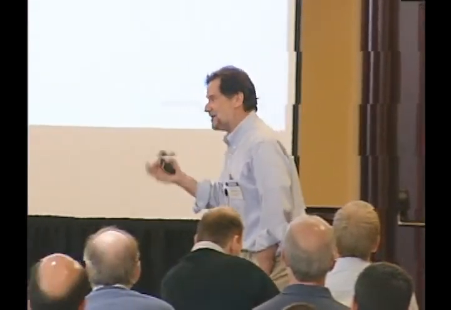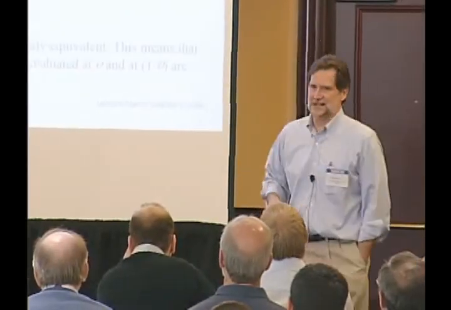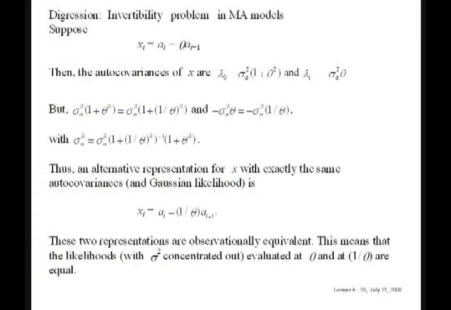And there are well-known problems with estimating MA models when you've got unit moving average roots, right? I'll go through this quickly. This is just a slide that says that, so work through the algebra on your own. If you know it, you know it. If you don't, you don't.